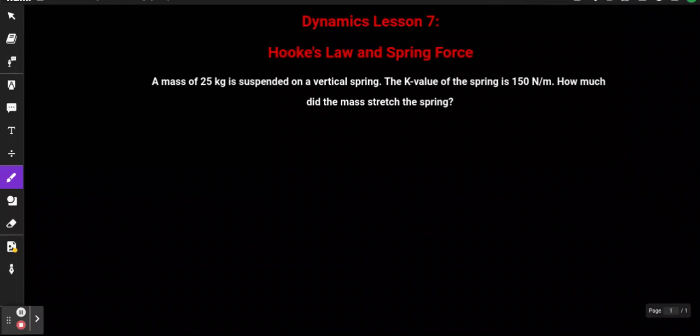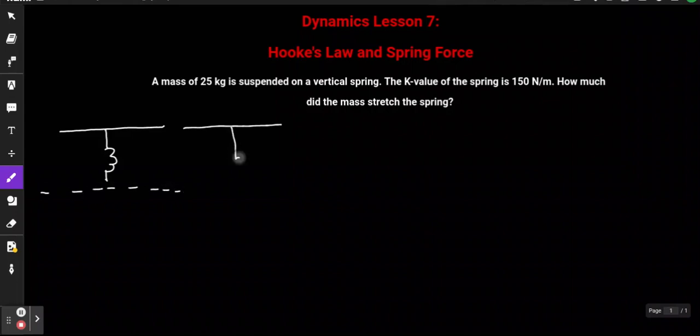Okay, so the first thing we do is to draw a picture of this scenario. I often draw a before and after picture in order to help find out the displacement from the equilibrium position. So let's say that before the mass was hung, our spring had an equilibrium position right here.